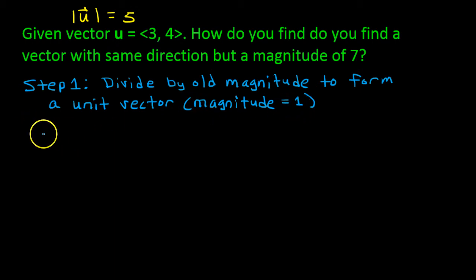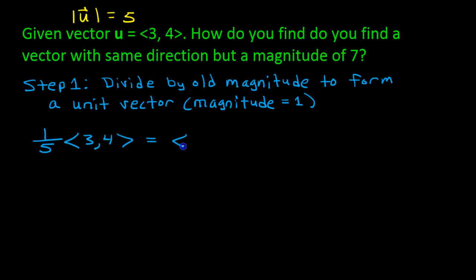The way that we divide by 5 is by multiplying by 1/5. So if I take the original vector 3, 4 and multiply by 1/5, I'm really dividing by 5, and that's going to create a vector of magnitude 1.